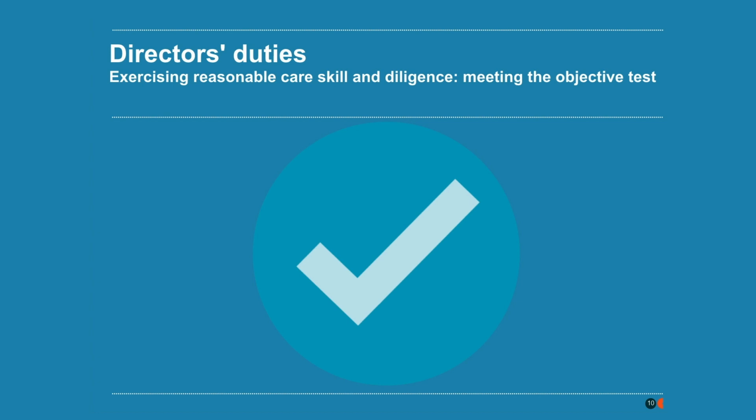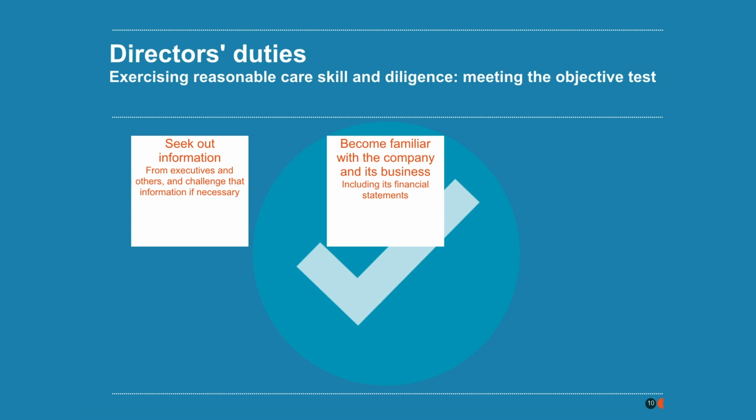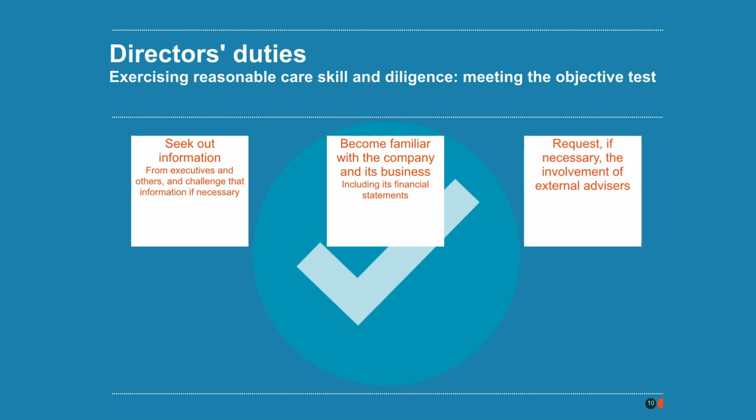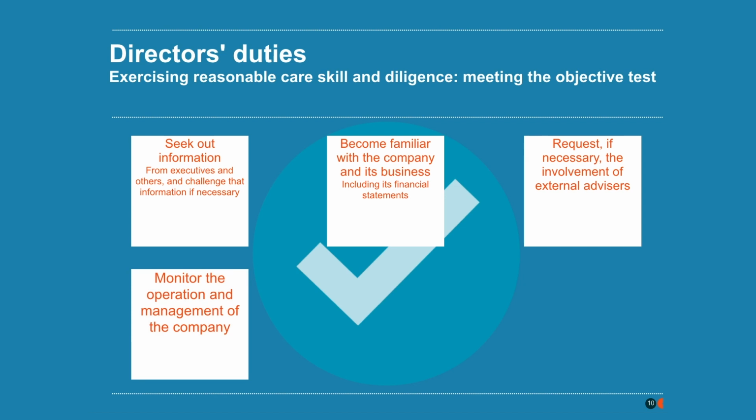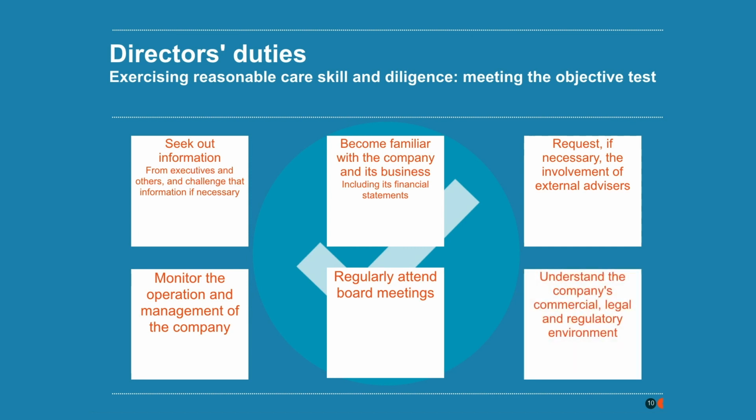Examples of the right things to do would be seeking out information from executives and others and challenging that information if necessary, becoming familiar with the company and its business, including its financial statements, requesting, if necessary, the involvement of external advisers on matters of material importance, monitoring the operation and management of the company, including regular attendance at board meetings, and understanding the commercial, legal and regulatory environment in which the company operates.